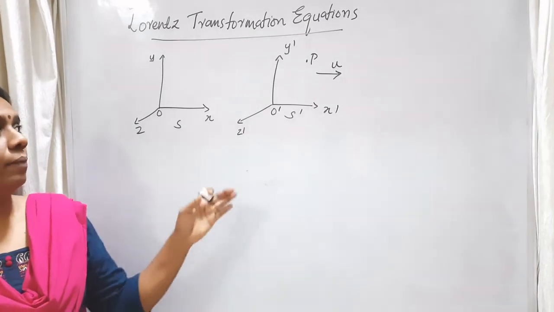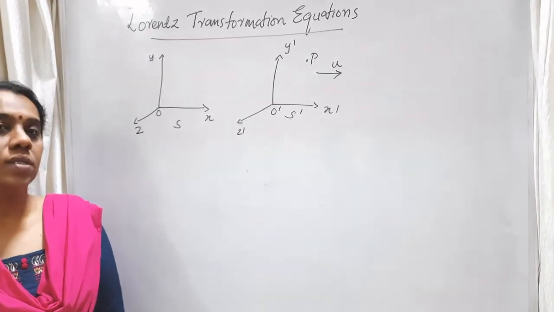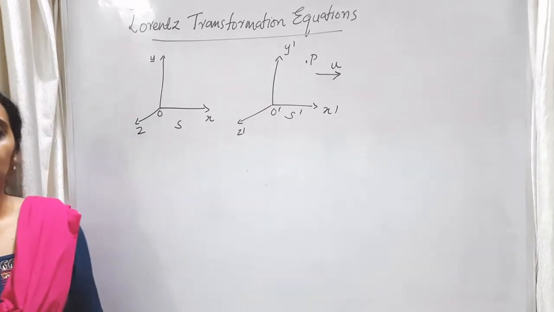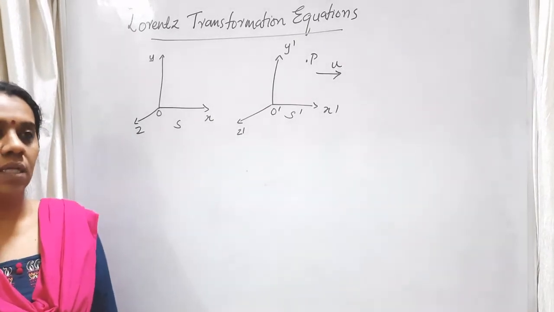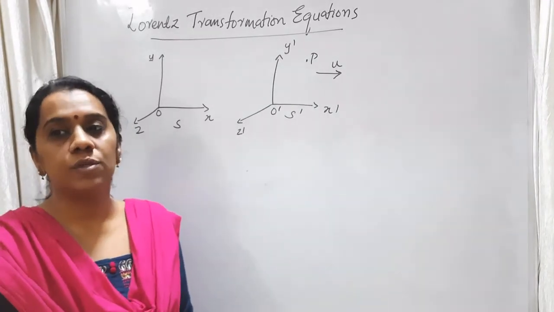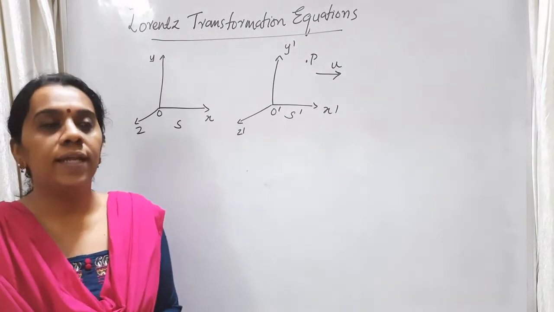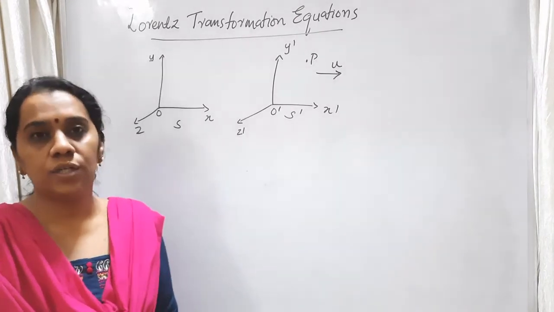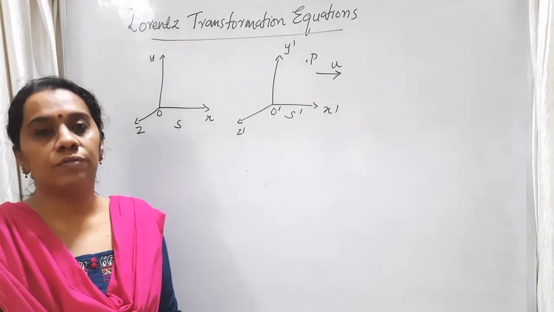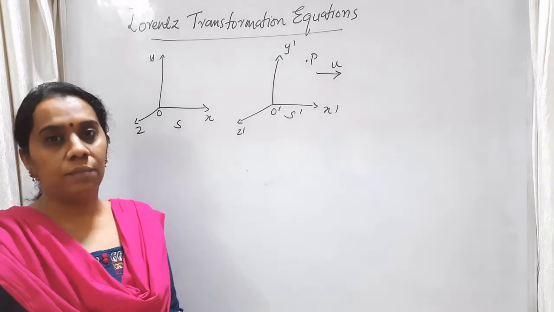When a body moves with a constant velocity, you know that in all the inertial frames of reference it moves with the same constant velocity. That is, the laws of physics remain the same in all inertial frames of reference. So we know that position will be a linear function of time, as the velocity is remaining constant.